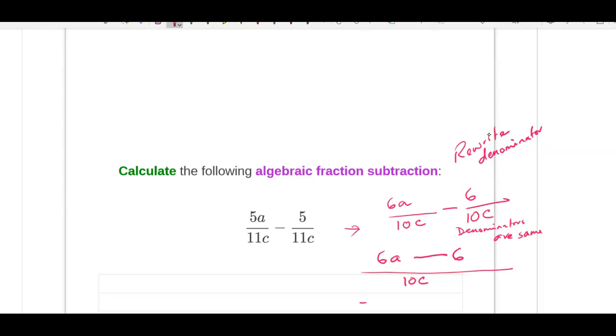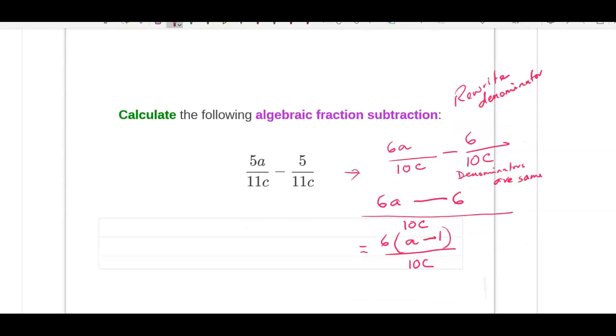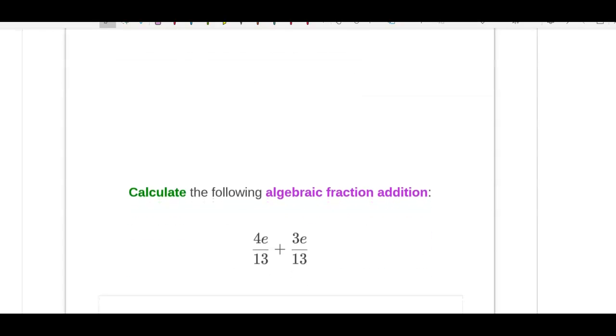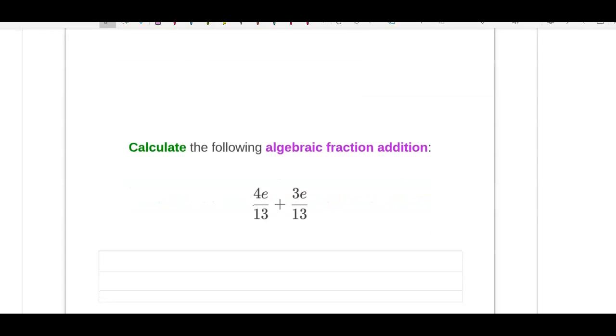Now one of the things that can be done: the highest common factor is 6. So a minus 1 over 10c is the answer, right? I'm rushing, otherwise the video will be too long.